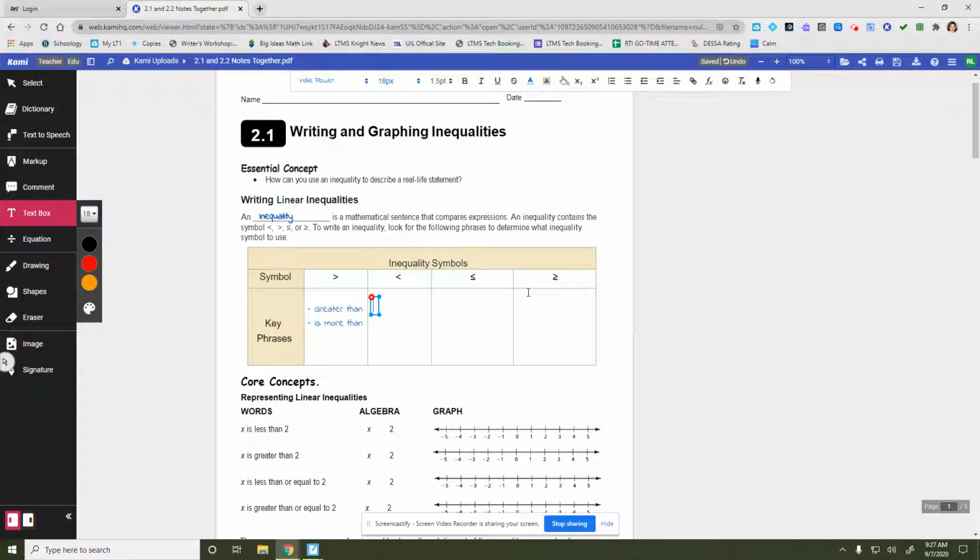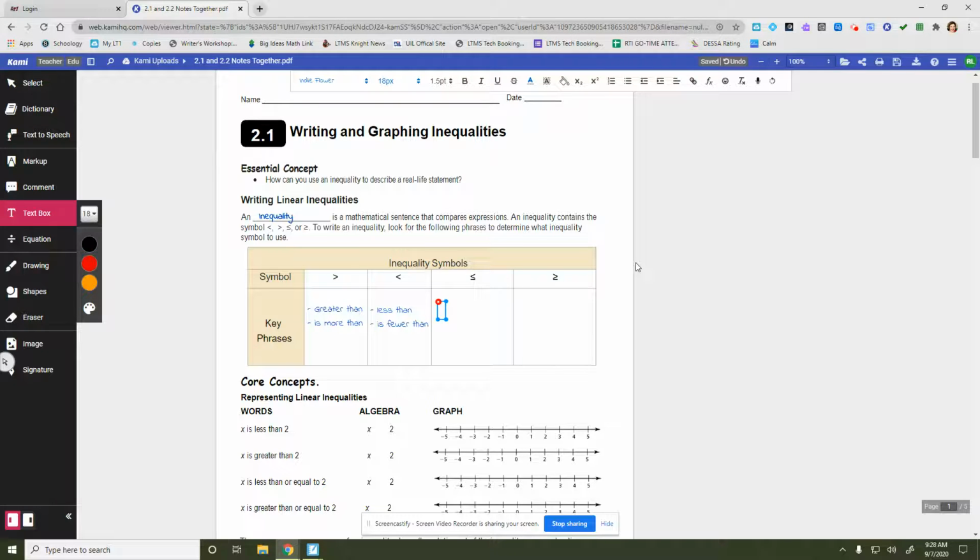That is a greater than symbol. Similarly, for the less than, they might just say this quantity is less than another. Or they might say something like is fewer than, which is just a synonym for less. Those are also really common word problem vocabulary words that will lead you to know this is not an equation, this is going to be an inequality.